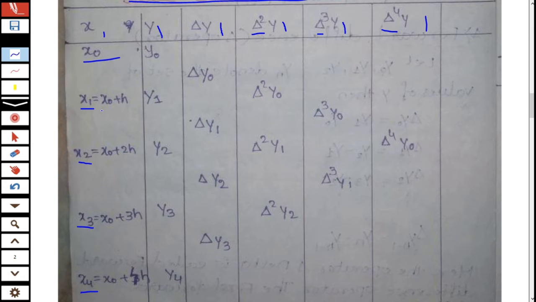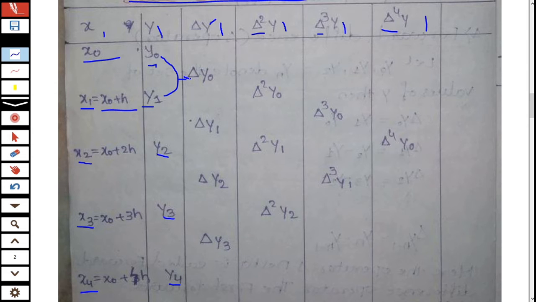That is x0, then x0 plus h. Then in y, the first value is y0, then y1, y2, y3, y4. So how do we find the first difference? In the first difference, delta y0 is y1 minus y0.